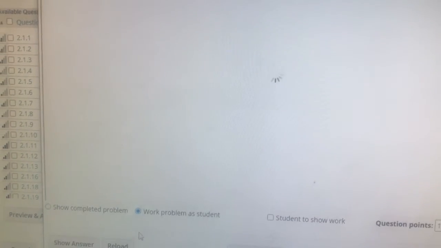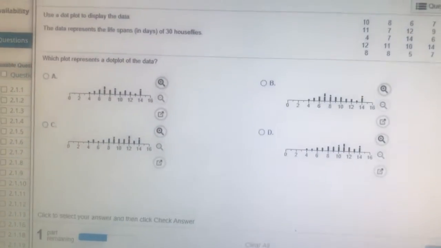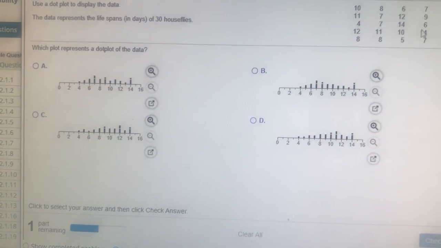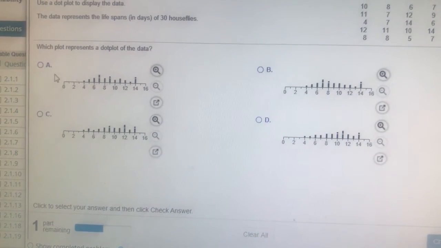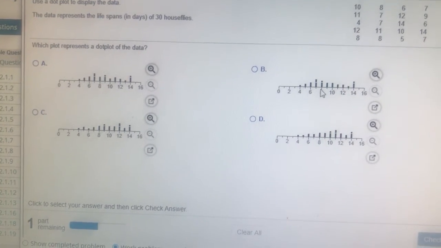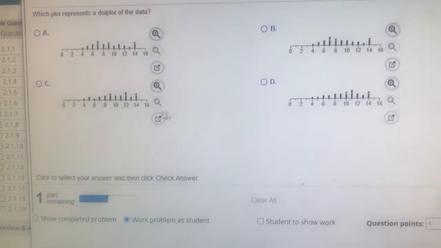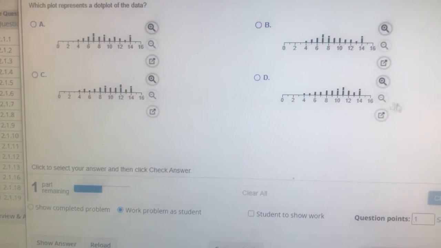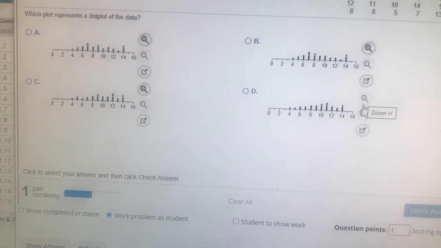Number 10 here. Okay, so we have some data over here, and this is which plot represents the dot plot of the data. Now notice on these, these are like little bars. And now you see these little things here, you can blow them up.